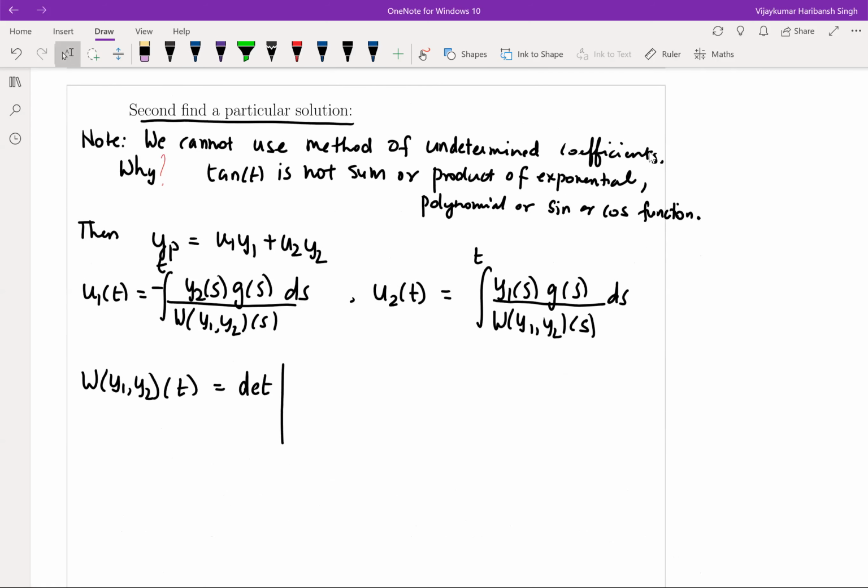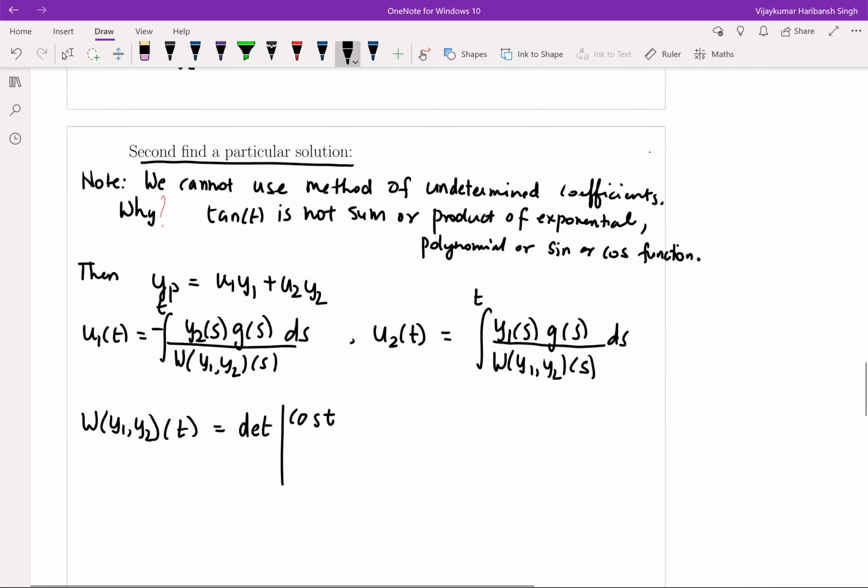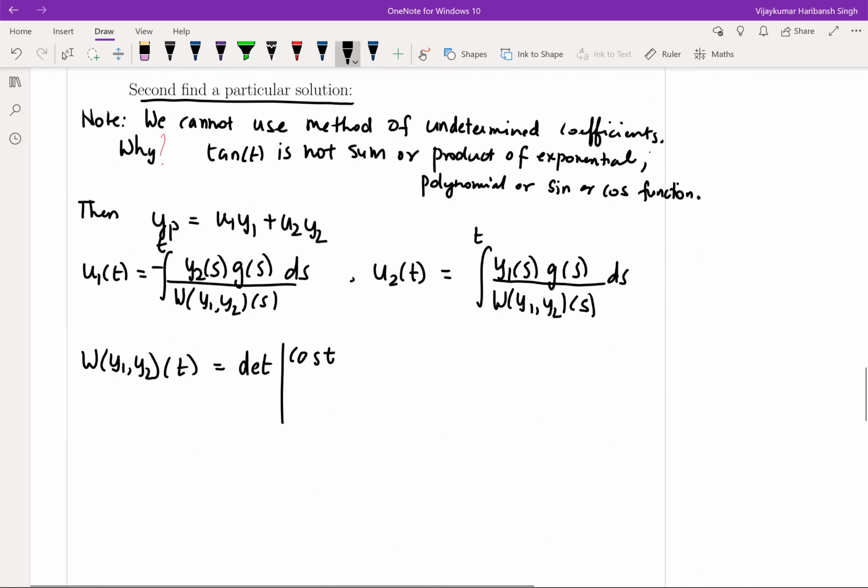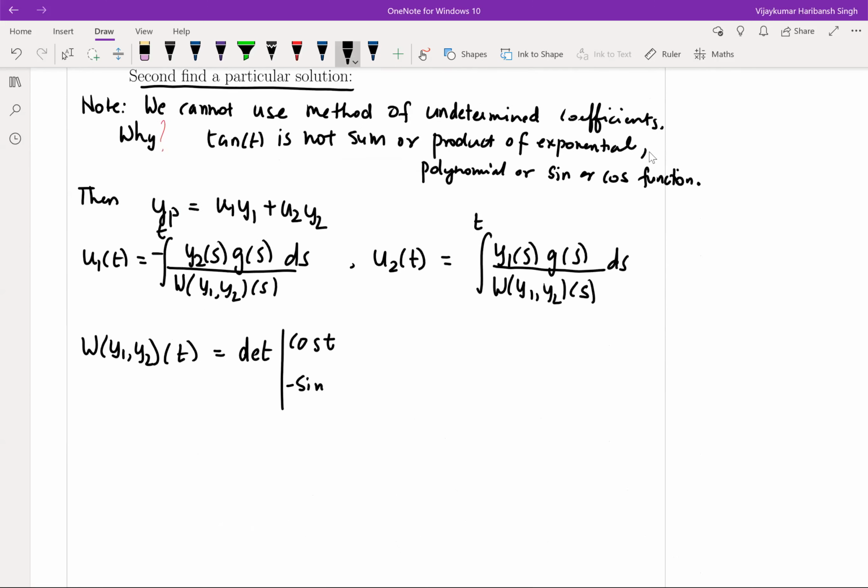The determinant of cosine t, derivative of cosine, which is minus sine t, then sine t, derivative of sine t, which is cosine t. If we do this, we get cos squared t minus minus, that is plus sine squared t, which is going to be 1. So if you replace t by s, you also have 1, it's constant 1.